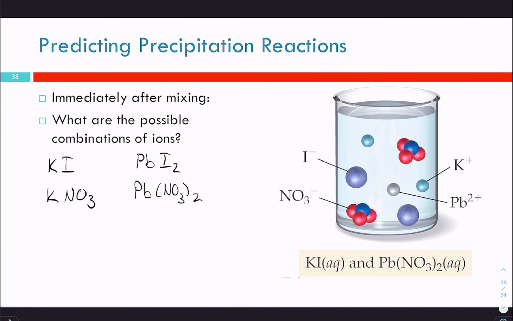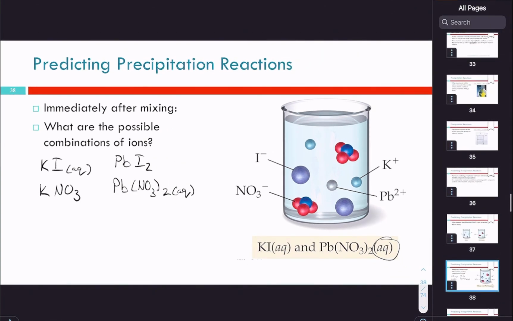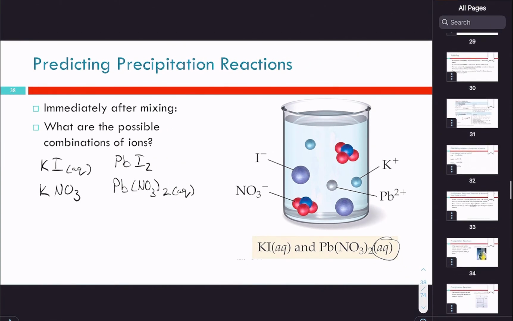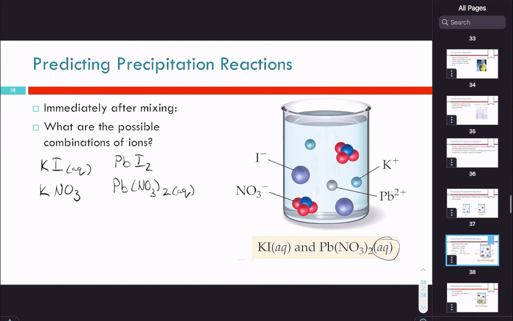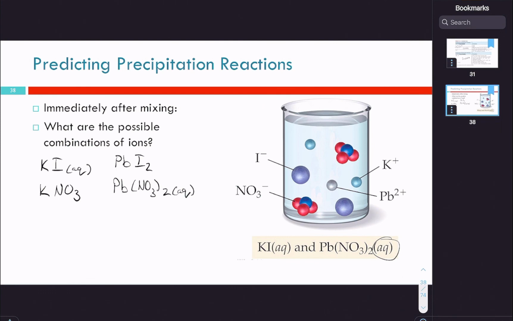PbI2, or lead nitrate. Now we know from our initial reactants that lead nitrate is aqueous, and we know that potassium iodide is aqueous. Now we go look at our solubility rules, and we're looking for potassium nitrate and lead iodide.